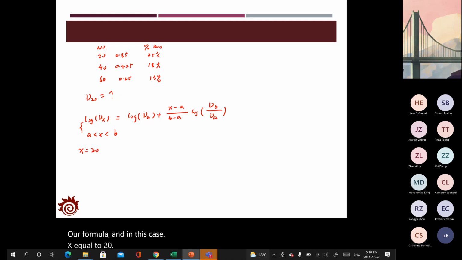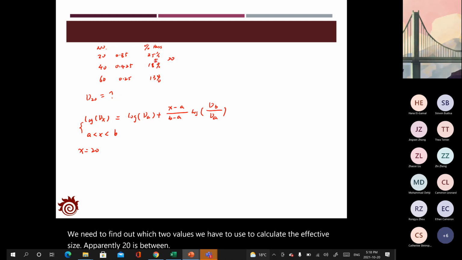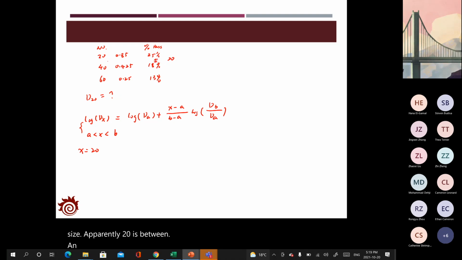So we need to find out which two values to use to calculate the effective size. Apparently, 20 is between 18 and 25, which means we have to use the number 20 sieve and the number 40 sieve.